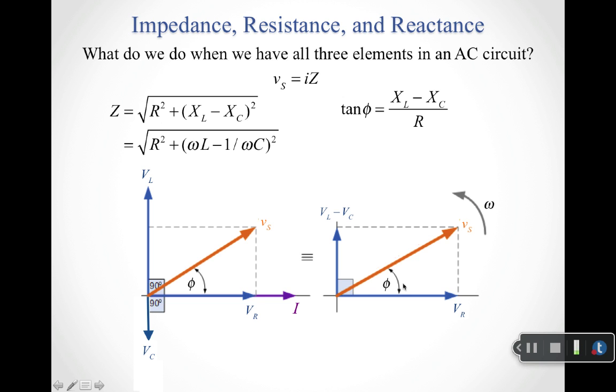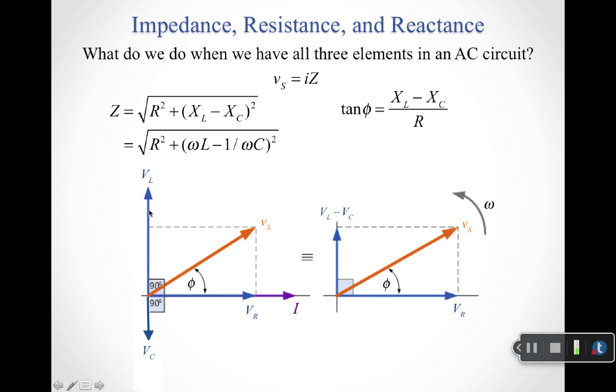To get the direction, or really in this case the amount of this phase shift, we use the same way we would think about the direction of a vector. So I'm taking my y component over my x component and then taking the inverse tangent. This will let us figure out the impedance and then the phase shift between the current and the voltage when we have an AC circuit that has all three elements, a capacitor, a resistor, and an inductor.